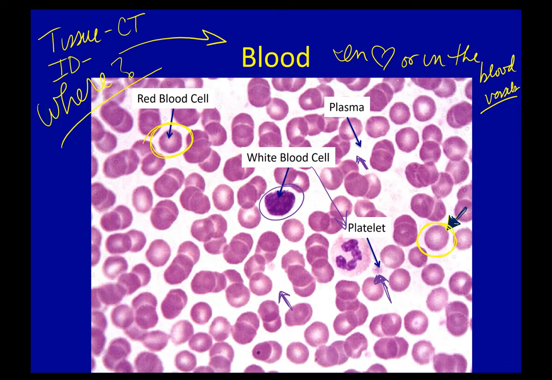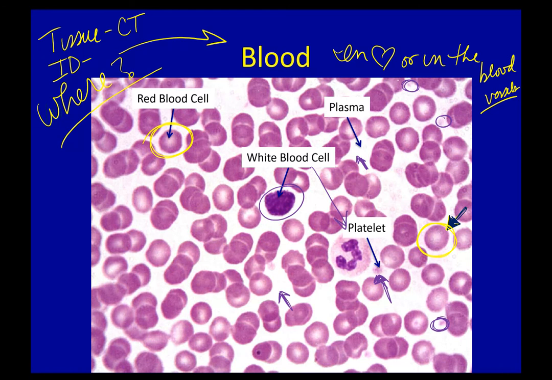Platelets help to clot your blood so that you don't bleed out. You can see there's another one over here on the right-hand side. There are a couple up here on the upper right-hand side. They're smaller than cells because they're not really a cell. They're a chunk of a cell, but they do help us so that we don't bleed to death.